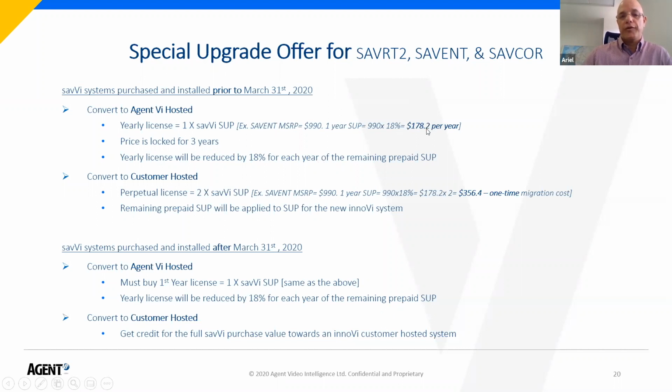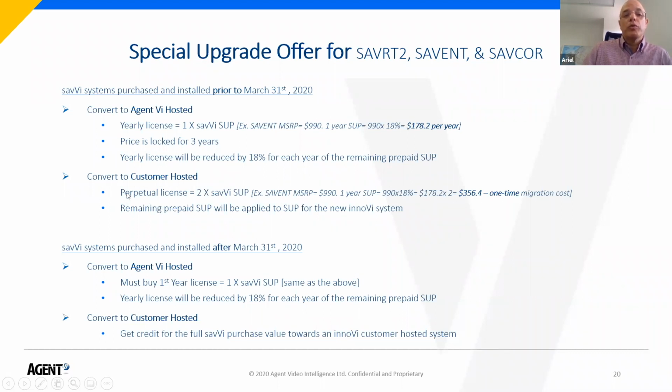Okay, so just to understand, if you need to pay $178 per year per camera, but you already purchased in advance and your SUP is covered for 1 more year, then for this 1 more year, you will pay $178.2 minus 18% for what you already paid.